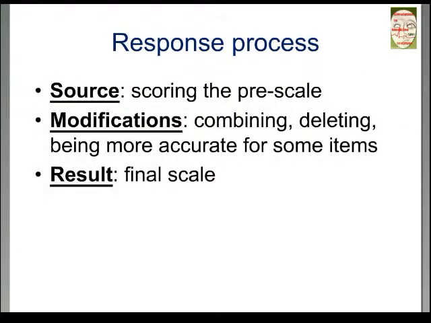At the end of the second step of the validation process, you end up with a final scale, which has been modified from the prescale according to the prescale scoring, by combining items, deleting, or formulating some of them in a more accurate way.